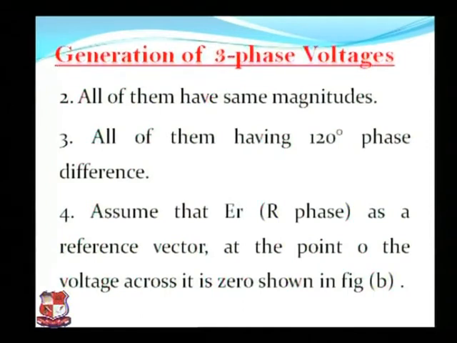You have to consider any one of the voltages as a reference, and with respect to that, designate the 120 and 240 degree lagging or leading phases of Y or B. If the Y phase is the reference phase, then R and B are 120 or 240 degrees lagging or leading. The same happens for the B phase: if B is the reference phase, then R and Y are the 120 or 240 degree lagging or leading phases.